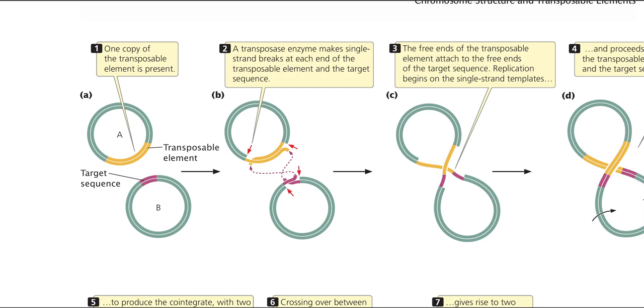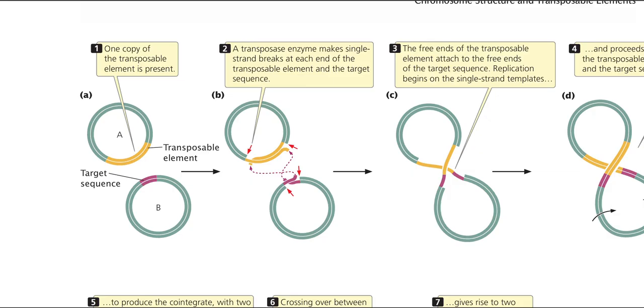There was one copy of the transposable element available in DNA A, that is orange colored. Now this transposable copy has to be inserted into DNA B in the region which is pink colored, which is also called the target sequence. Now how will this take place?